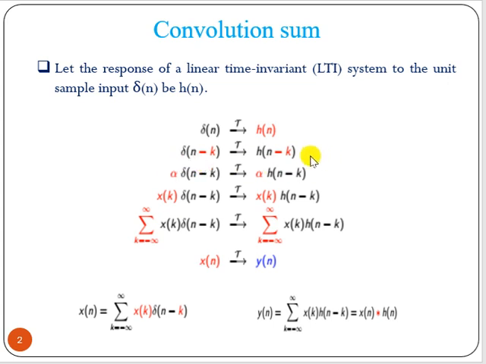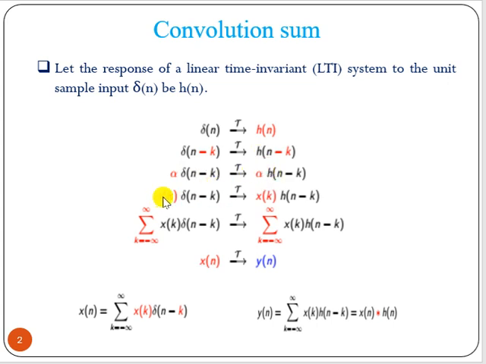Now, according to linearity, as you know, a linear system must follow two principles, homogeneity and the principle of superposition. Homogeneity means if we multiply by a scalar factor alpha, the output is multiplied by alpha itself.